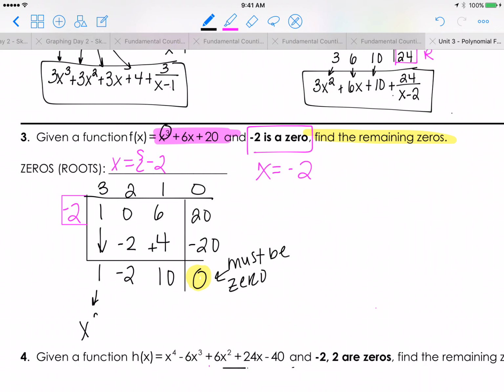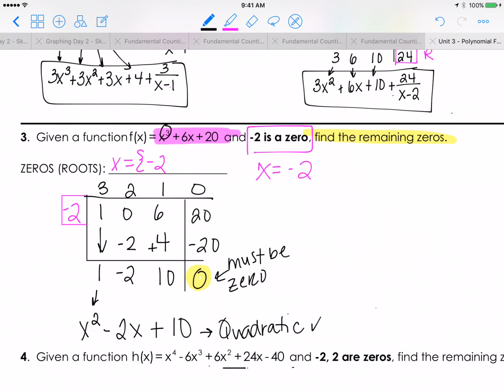I have x squared, because it was a third, now taken down 1 degree, minus 2x plus 10. So now this is a quadratic, and I can either factor this or I can do the quadratic formula.